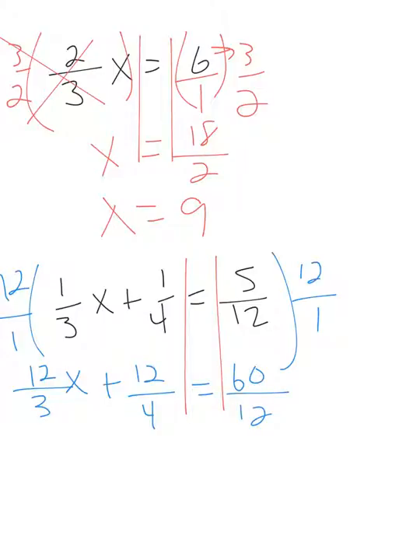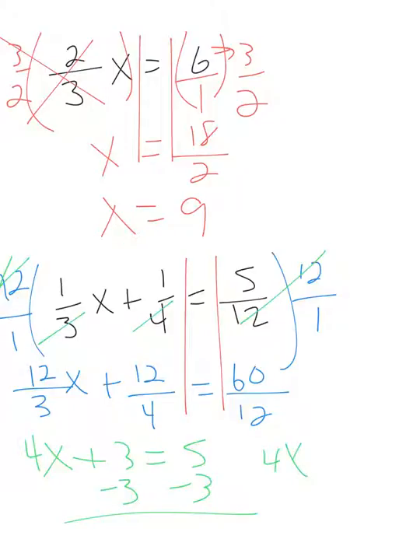For those who can see the simplification, right here is 4x plus 3 equals 5. 4x equals 2, divided by 4. x equals 1/2.